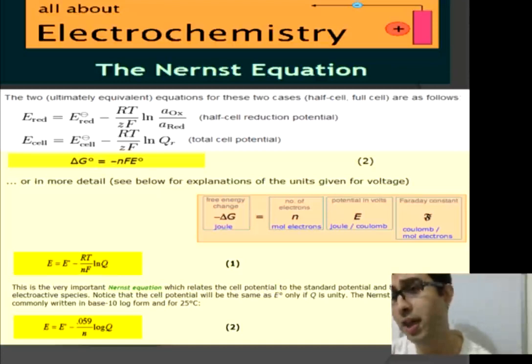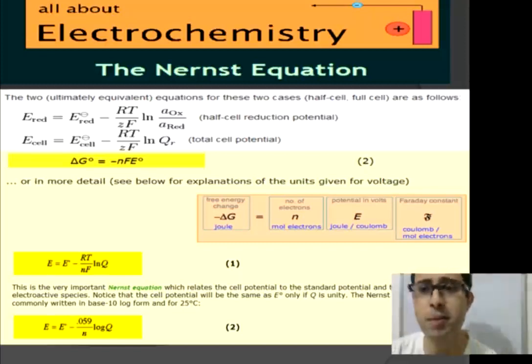T is at standard temperature, 298 K, that is 25 degrees centigrade. Faraday's constant is 96,500. You substitute everything and you will get a value of 0.059 by N. So 8.314 multiplied by 298 divided by 96,500, with the 2.303 factor, will give you 0.059. This is the logarithm base 10.